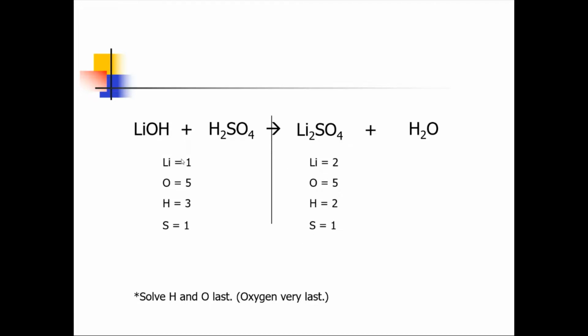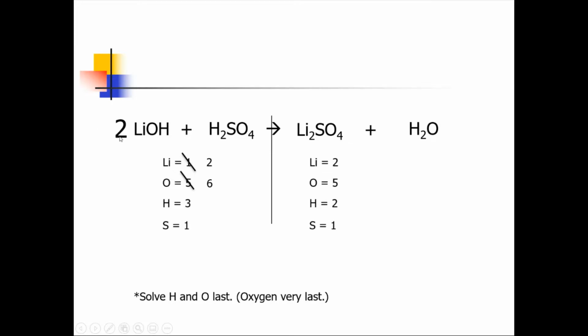So we'll start with lithium because we don't want to start with hydrogen because hydrogen is often a problem. So to fix the lithium problem, we're going to go up here, and put a 2. And this multiplies through to everything in this molecule, but not to the rest. So lithium is now going to be 2. Oxygen is going to be 2 here plus 4 here. And that's 6. Lots of students will take this number that was here, this 5, and double it and say it's 10.